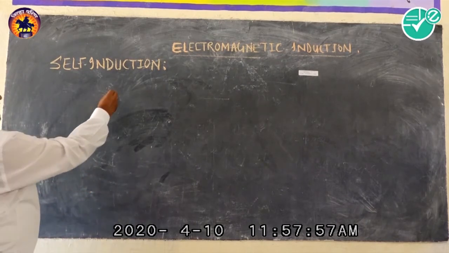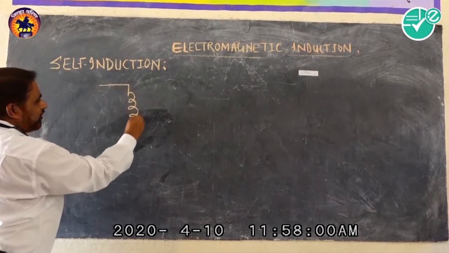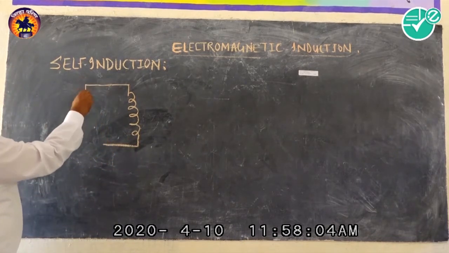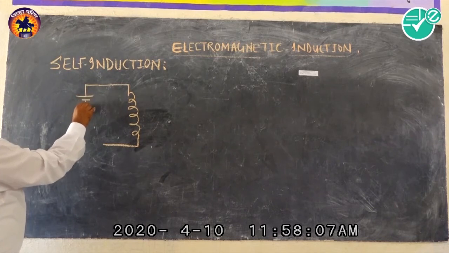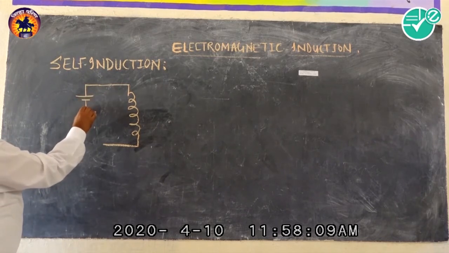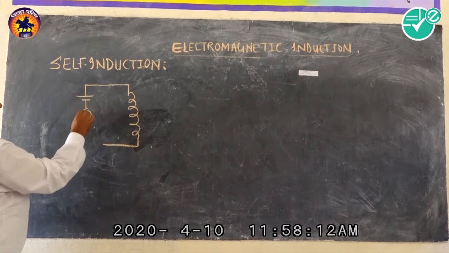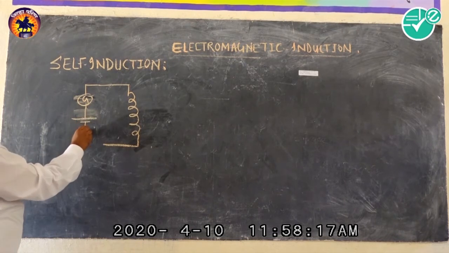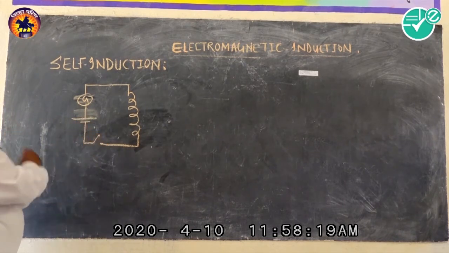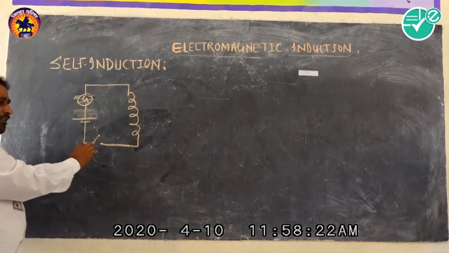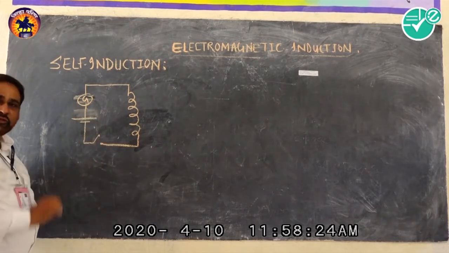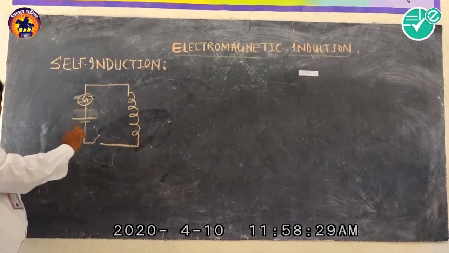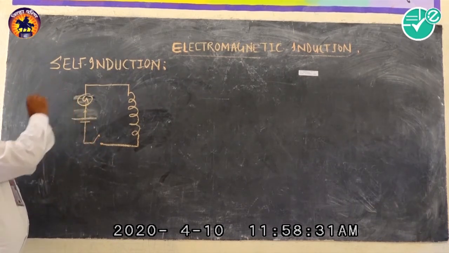Now, let us consider here a coil of negligible resistance, which is connected to a battery in series along with a key and a galvanometer. Initially, when this key is open, no current flows through the circuit. But when the key is closed, the battery is running, meaning current passes through the circuit.